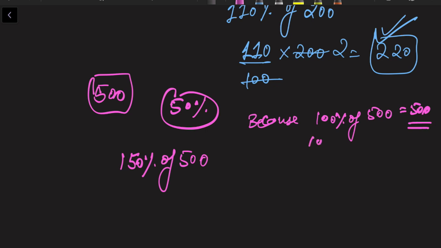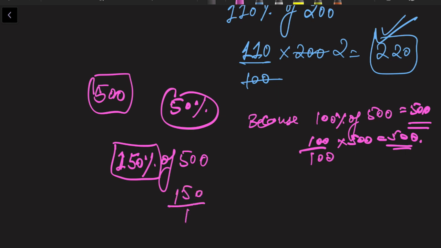I know that 100 upon 100 into 500 is equal to 500. That is why I wrote 150%, because I have added 50 to the 100%. So 150% of 500 is 150 by 100 into 500. So it will cut on 5. So 750 is the answer.